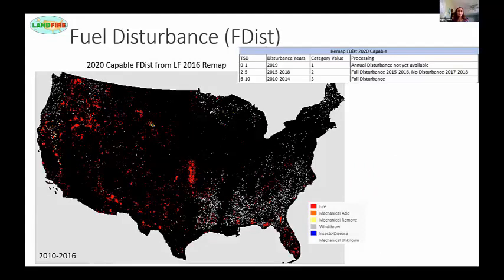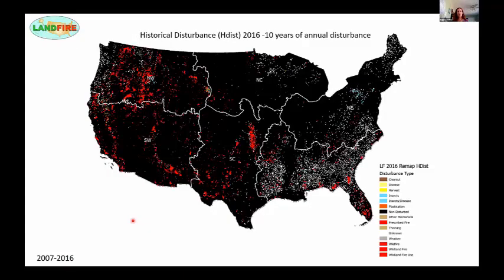We also have a fuel disturbance layer, and essentially what that does is it gives us a way to shift the time since disturbance to help us actually predict fuels on the ground for the current year. It takes that historical disturbance and shifts the years forward a little bit.